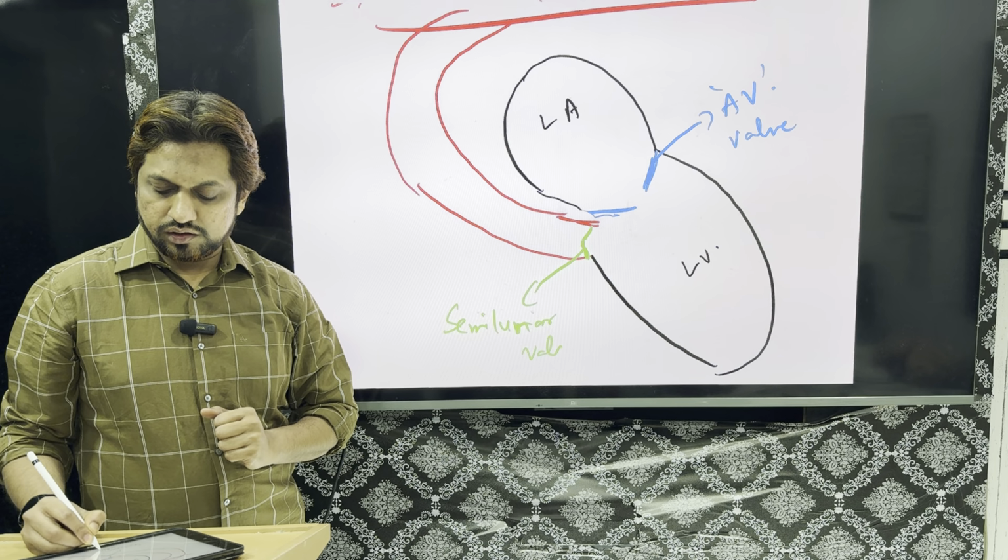The atrioventricular valves were already closed and the semilunar valves are now closed. Because both are closed, whatever volume of blood remains in the ventricles will not increase or decrease, because the input is closed and the output is also closed. That's why it is called iso, meaning same, isovolumetric relaxation period. It will relax as a closed chamber where there is no entry of blood and no exit of blood.